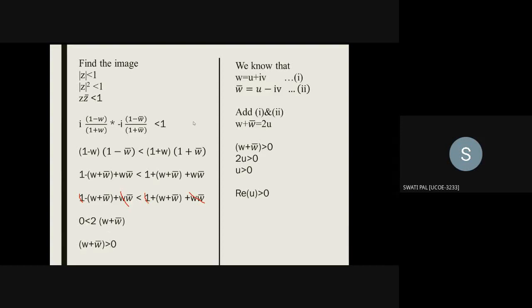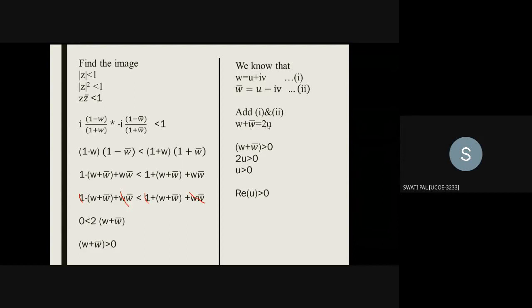Take this equation as star. Here we know that w equals u plus iv and w bar equals u minus iv. Take these two equations as 1 and 2. By adding both equations, we find that w plus w bar is equal to 2u.